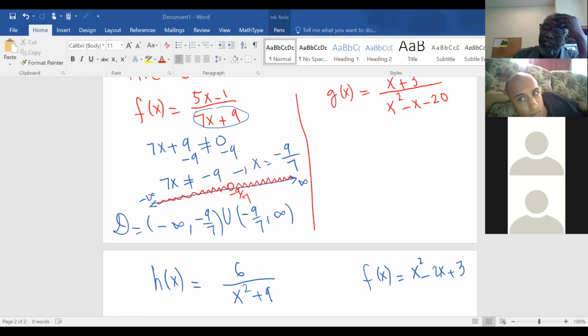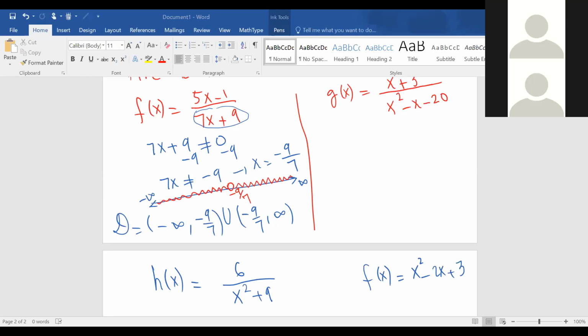I would set that whole denominator equal to 0. Yep. You see, you get x squared minus x minus 20, right? Whether we set it equal to 0 or different from 0, it is the same thing. We just want to find those numbers that make it 0, right?